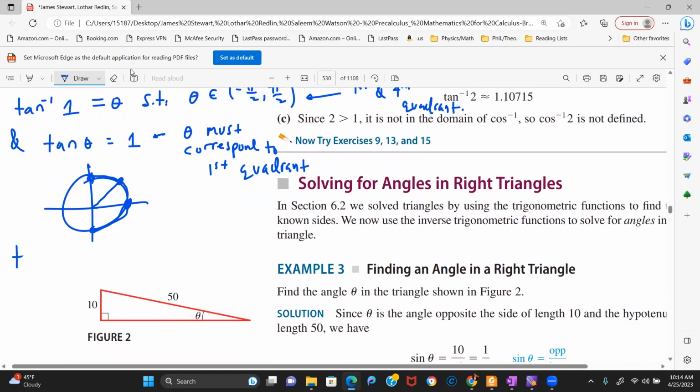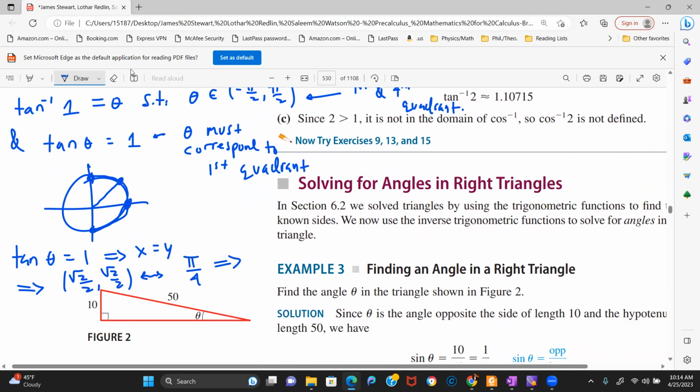And then tan equals 1 implies that the x and the y have to be the same. But this implies that we're talking about the point root 2 over 2, and that corresponds to the angle of pi over 4.